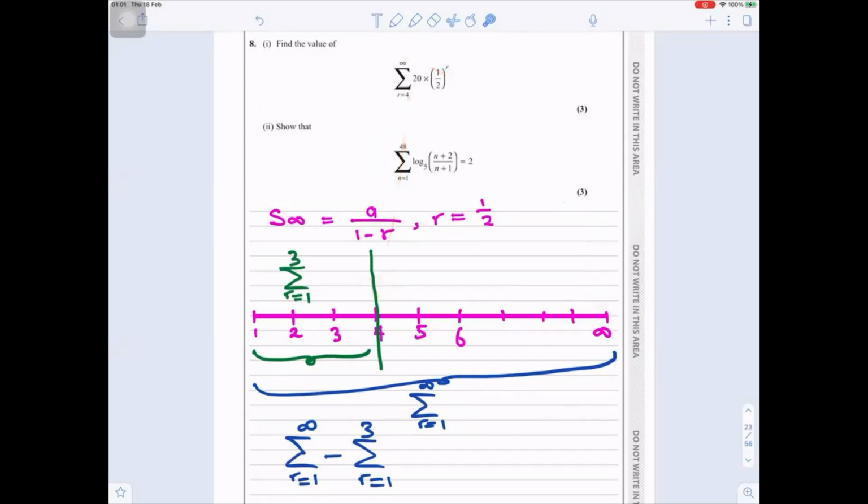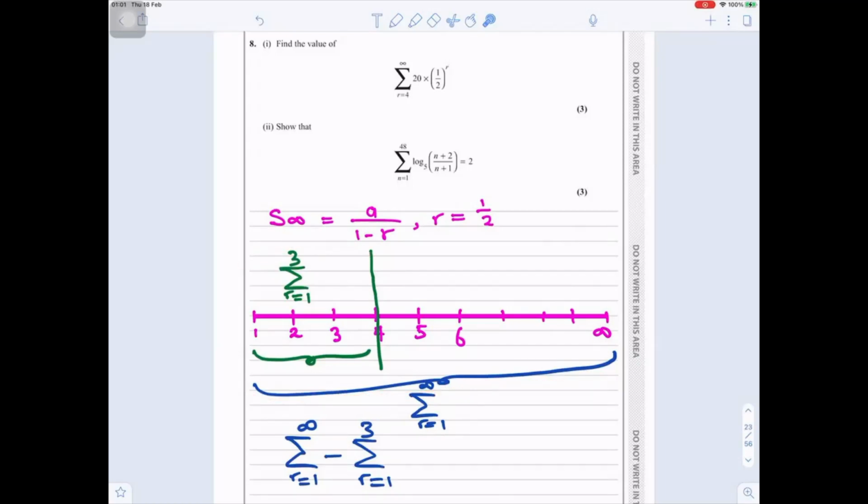So we want to find from 1 to infinity first, because we start from 4 and we get to infinity. So we want to start from 1 to infinity and then minus from 1 to 4. So we get from 1 to infinity minus from 1 to 4.